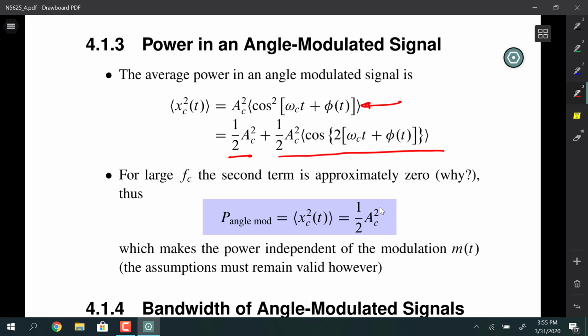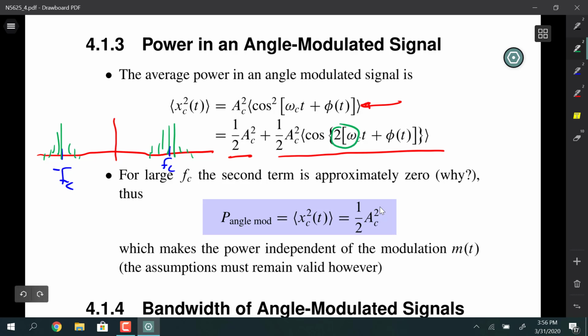The assumption is, and it's not always true, actually in the lab experiment you got a chance to play around with this a little bit, but the assumption that's generally true in an application is, if we look at the carrier here to be fc and a minus carrier at minus fc, that the spectral lines are such that if you look at the 2 omega c term, none of the spectral lines, when shifted up to 2 fc, could possibly cross through 0 and end up contributing to a non-zero average value.